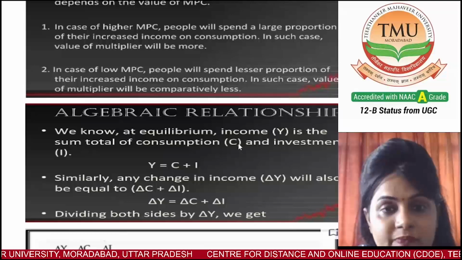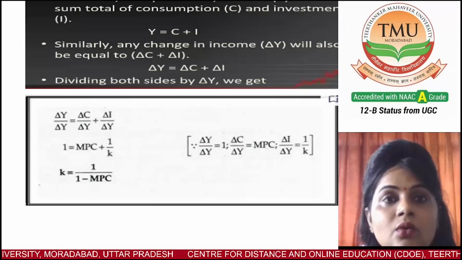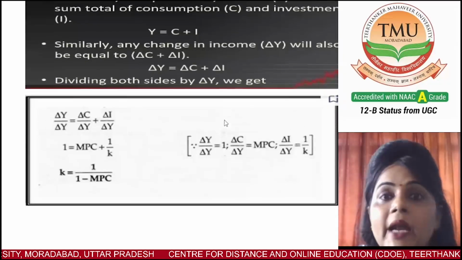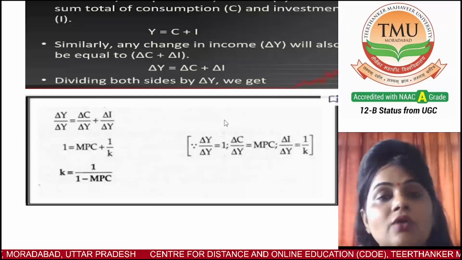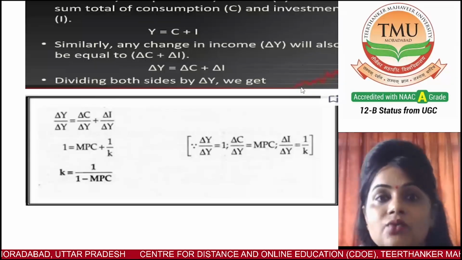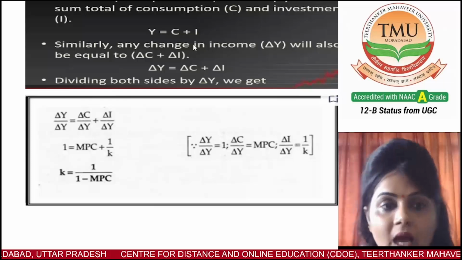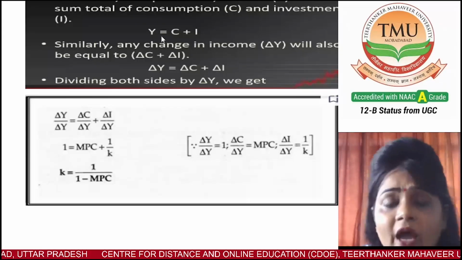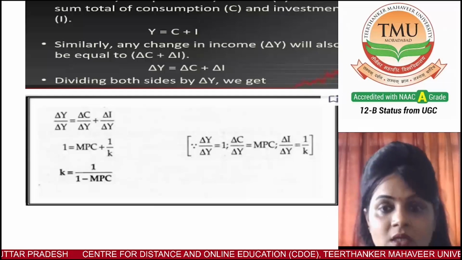Algebraic relationship. We know an equilibrium income is the sum total of consumption and the investment. So you can say Y is equal to C plus I, where Y is income, C consumption and I investment.